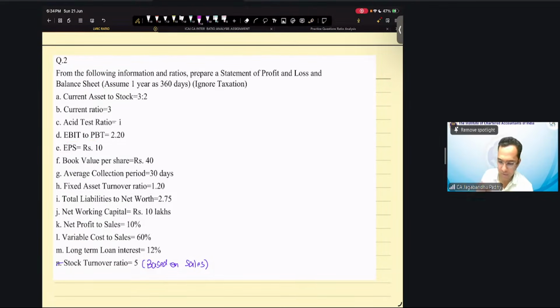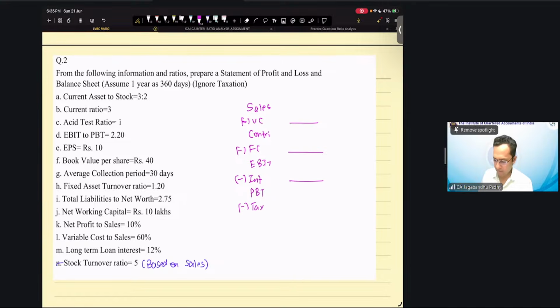So the format should be very clear in your mind. You start with sales less variable cost, which will give you contribution, less fixed cost, which will give you EBIT. Then you subtract the interest to arrive at PBT. You subtract the tax to arrive at PAT.